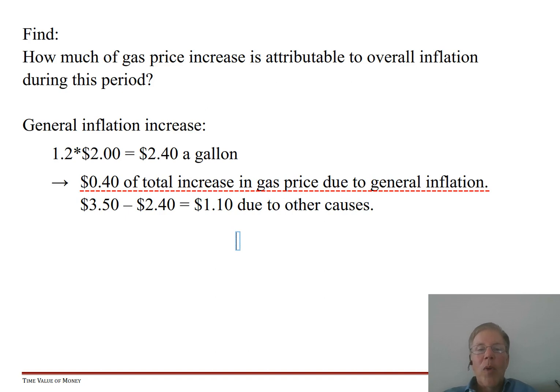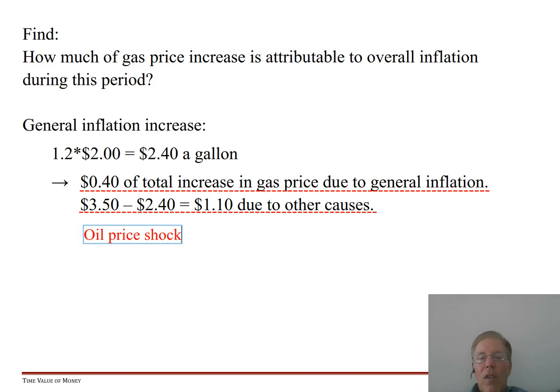But remember, it went up all the way to 3.50. So to get the rest, we take 3.50 minus 2.40. That's $1.10. That was due to other causes, specifically the oil price shock from the Gulf War, etc.